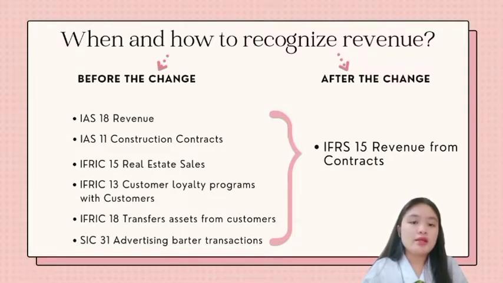In common with other recently issued IFRSs, IFRS 15 includes comprehensive application guidance and illustrative examples, together with a detailed section which sets out how the IASB reached its decisions about the new requirements.